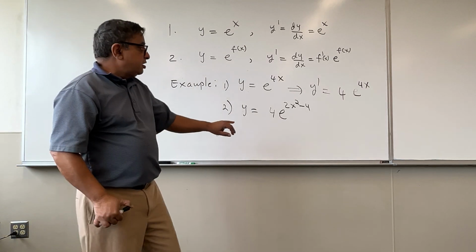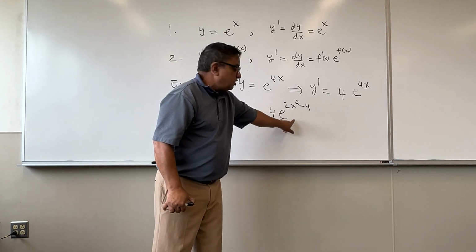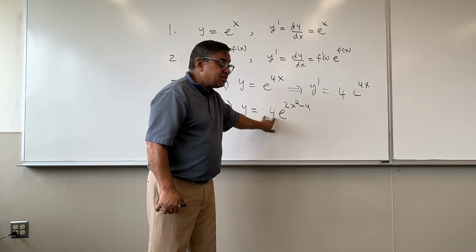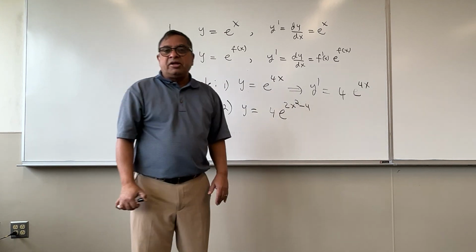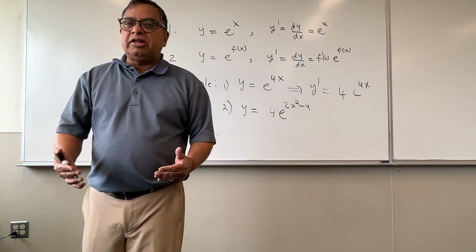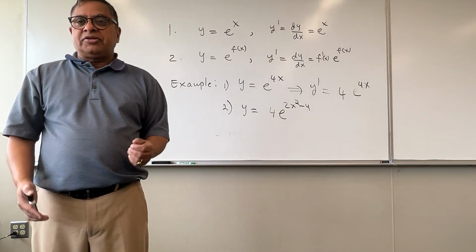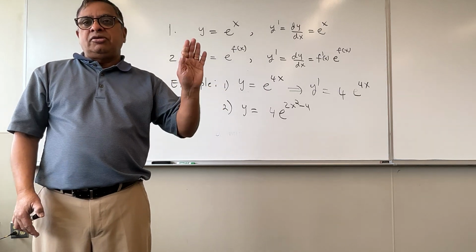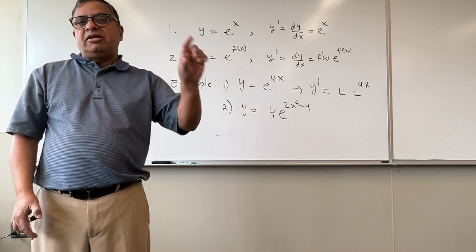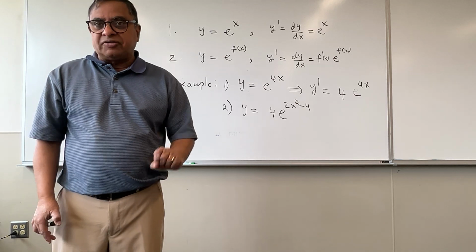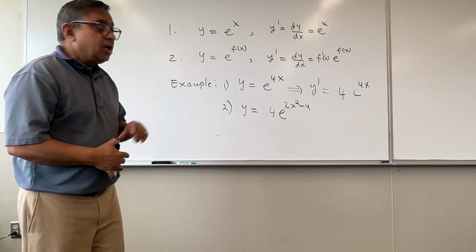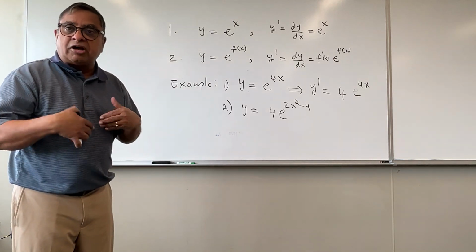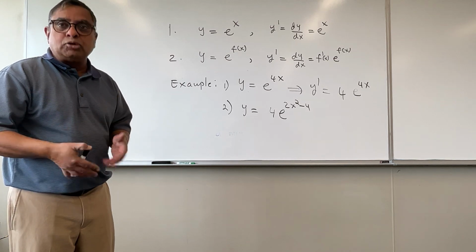And notice that here it's not only exponential function, but also there's a constant here. Well, you need to apply all the rules that you know of. So if a function is multiplied by a constant, you set the constant aside and differentiate the function. Find the derivative of the function. And that's exactly what we do, the constant rule.